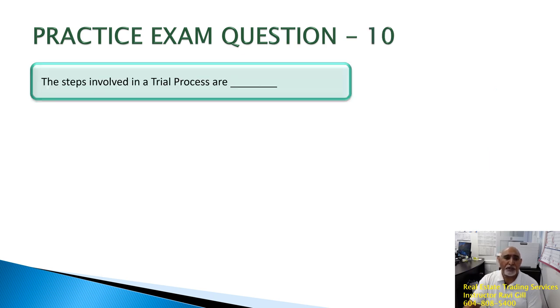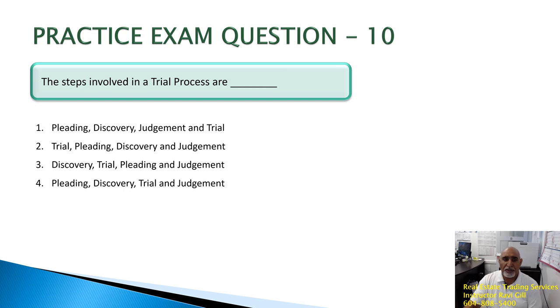Question 10, fill in the blank. The steps involved in a trial process. What are the steps? Okay, we know it's pleading, and the order is important too. The first one is pleading, and the last one is the judgment. So if we know just the first one is pleading, then it's 1 or 4.